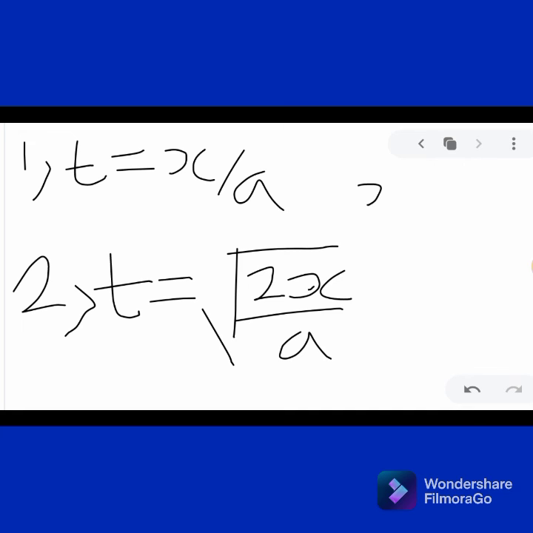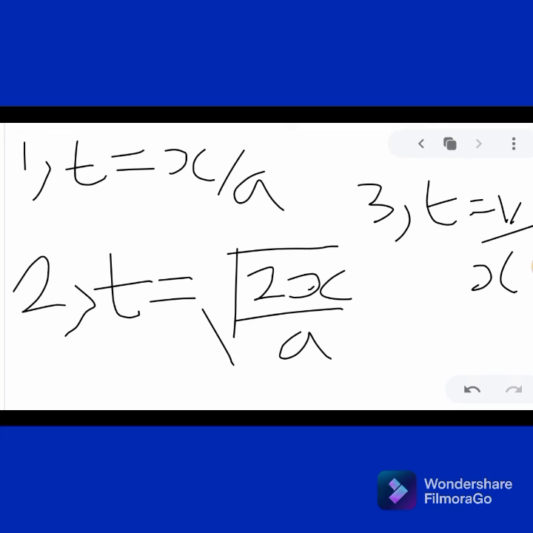The third one should be T is equals V over X. Okay, so I want you guys to know that X means distance.